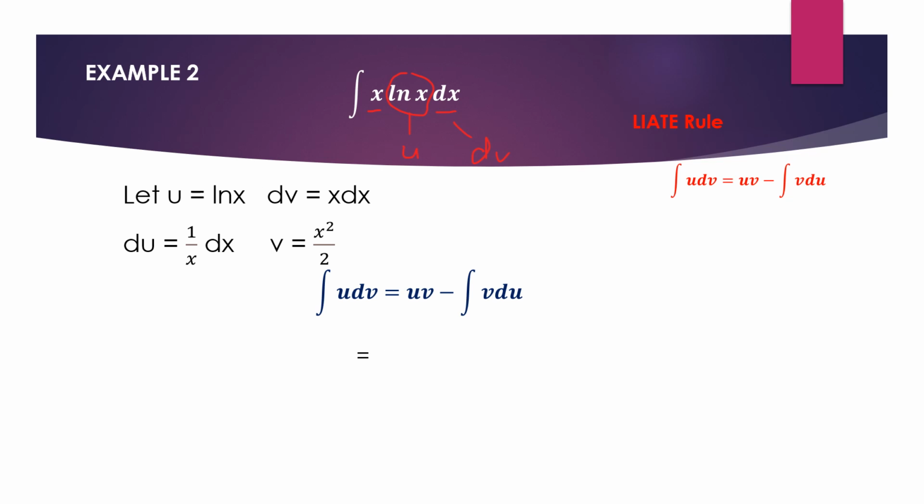Again, we use our formula: integral u dv equal uv minus integral v du.